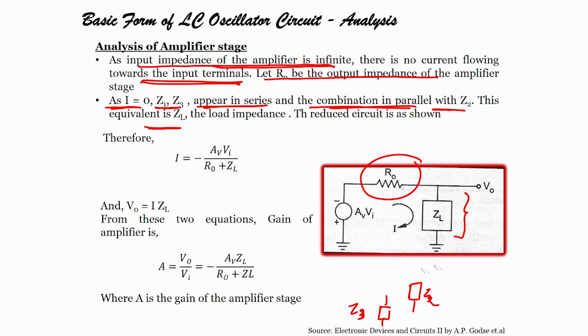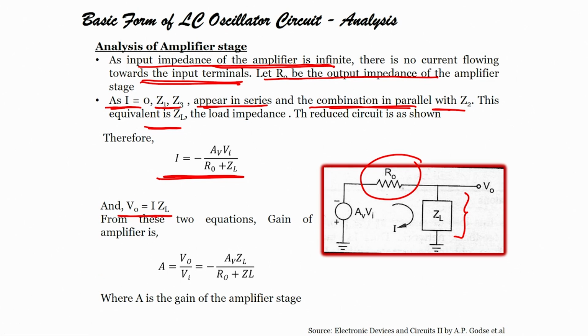Okay. Now, I is nothing but minus AVI upon RO plus ZL, times ZL over, and VO is nothing but I into ZL, right.